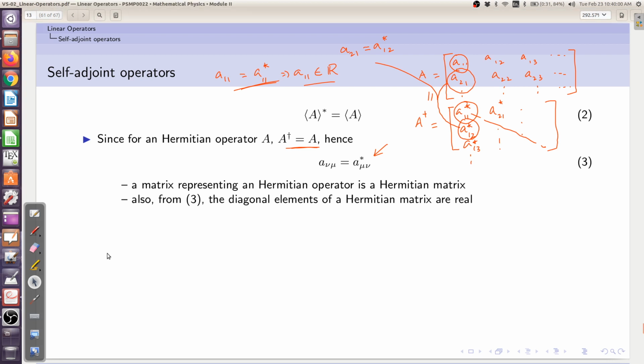A quick note: questions like these are very common in NET exams. You could be given 4 options and asked to identify the Hermitian operator. If you keep this in mind, you can identify it very easily. You don't have to slog it out and work out each and every one to find which is Hermitian.